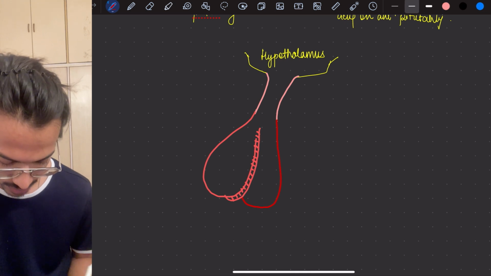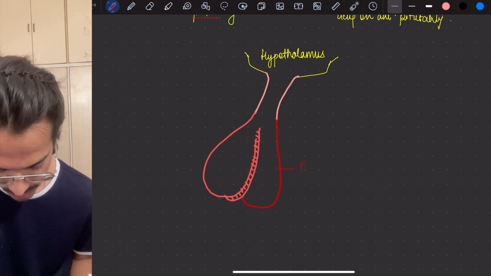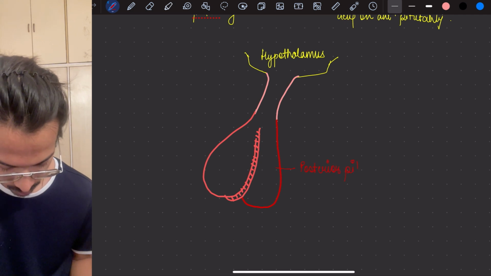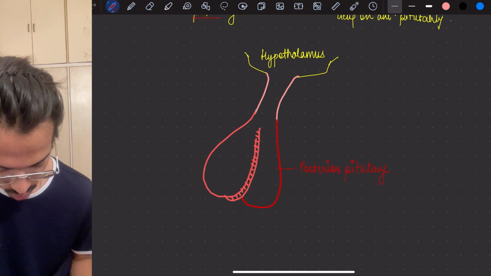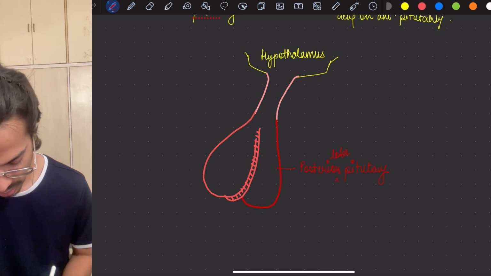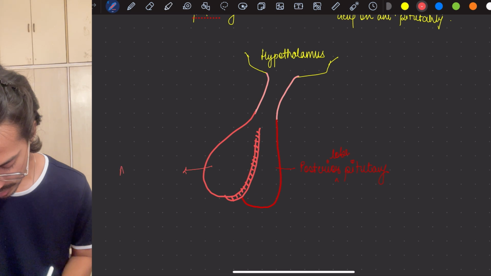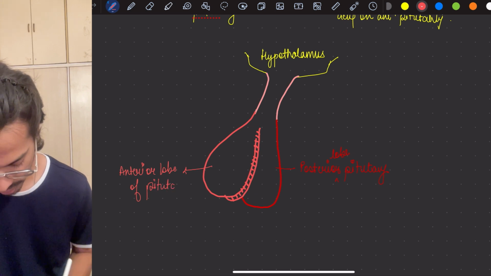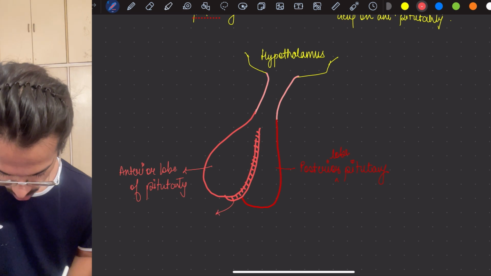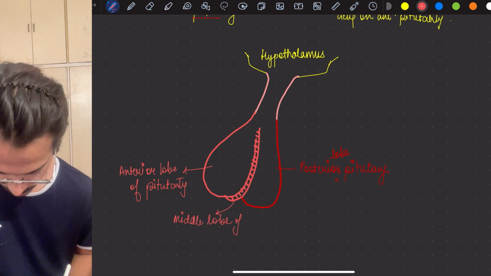The backward part is known as the posterior pituitary, or posterior lobe of pituitary, whereas this is known as the anterior lobe of pituitary, and this one thing which I have made, which is just fused with the anterior pituitary, is the middle lobe of pituitary.